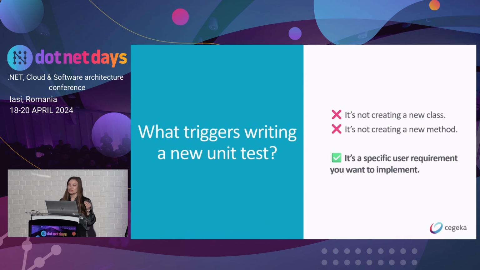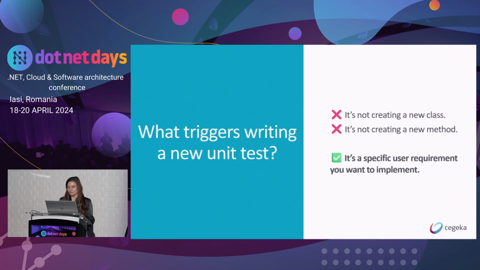This means that the unit is the unit of behavior. It's about fulfilling a functional need, like updating user account details, like processing an order that the user just placed. This functional need is what should drive the test creation, because it reflects what the software is expected to do.